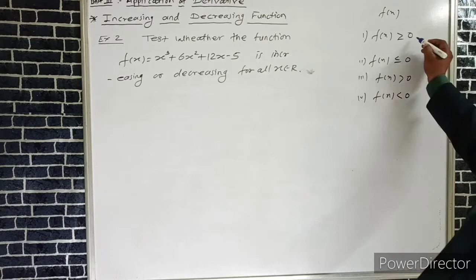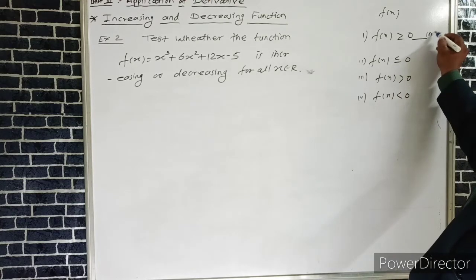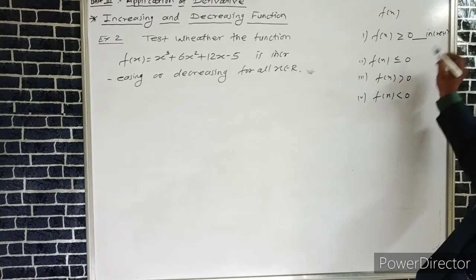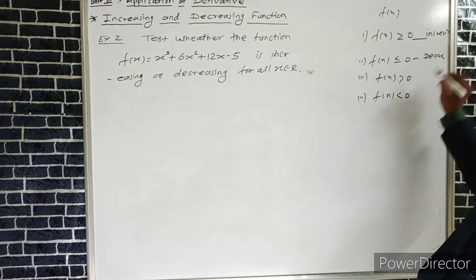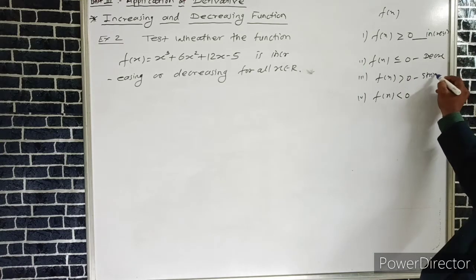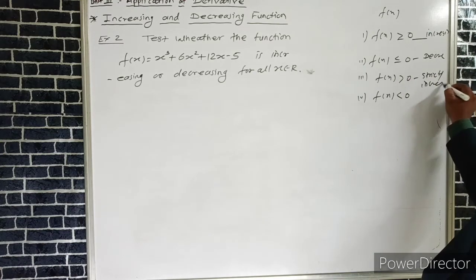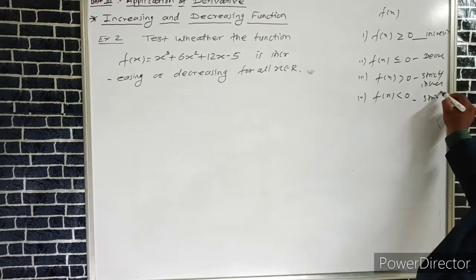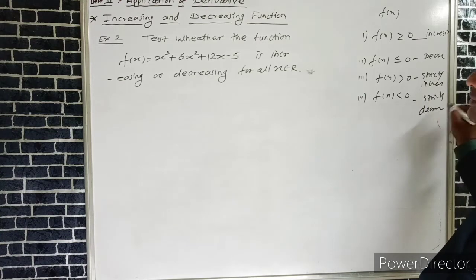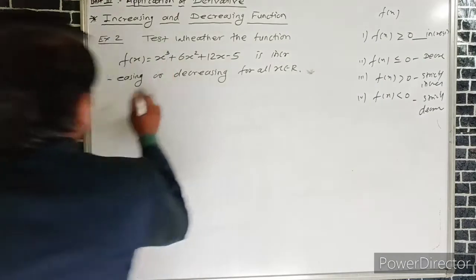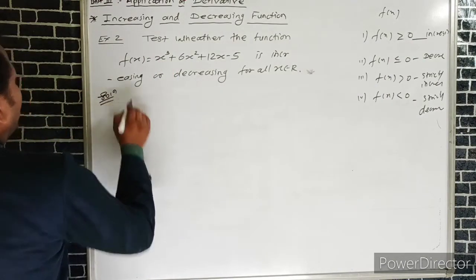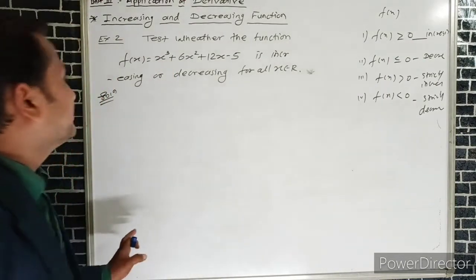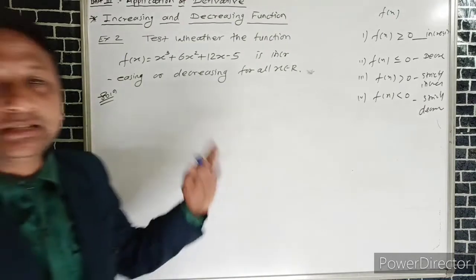Here the function is increasing, here decreasing, here strictly increasing, and here strictly decreasing. So by using this condition, we have to test whether the given function f of x is increasing or decreasing.